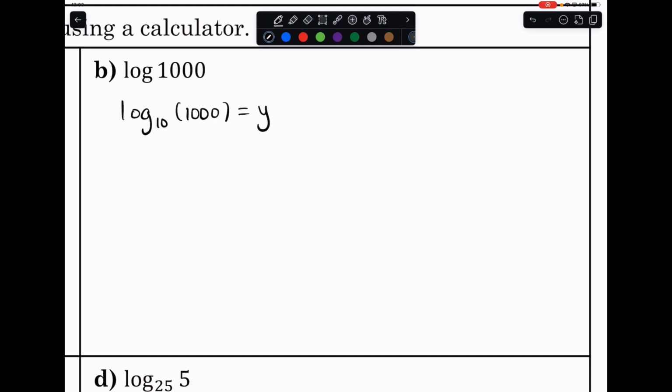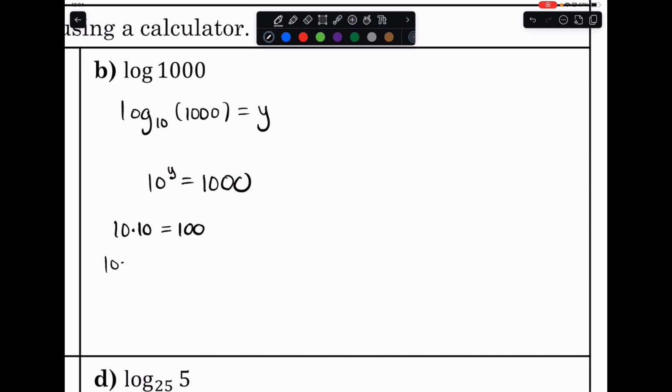Now, rewriting this into exponential form, that would mean that this base of 10 raised to this unknown that we're trying to find, y, would have to equal this value of 1,000. So how many 10's do I need to multiply till I get to 1,000? Well, I know 10 times 10 is 100.